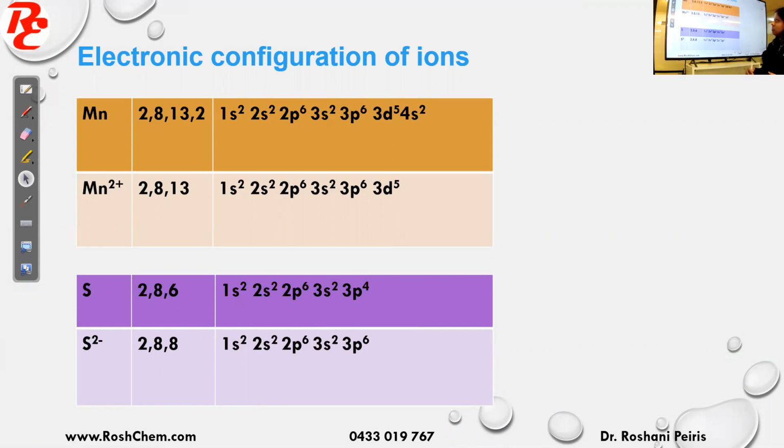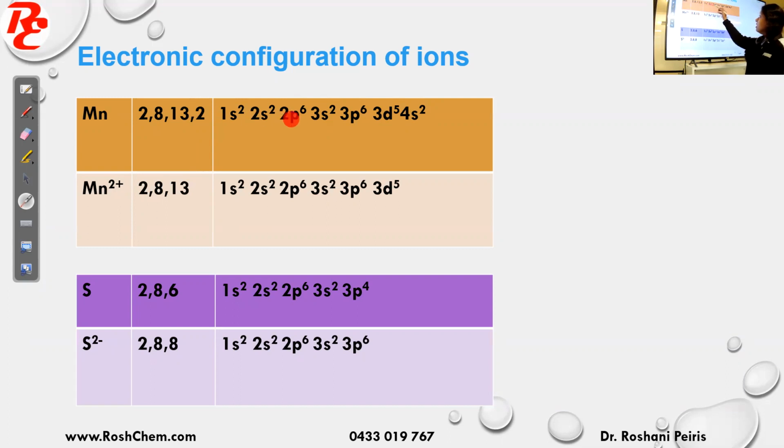We'll take these two examples, manganese and manganese 2+. We have written the configurations already. For manganese, the shell configuration is 2, 8, 13, 2. If it is manganese 2+, 2+ means after removing 2 electrons, so you remove these 2 electrons, which results in 2, 8, 13.